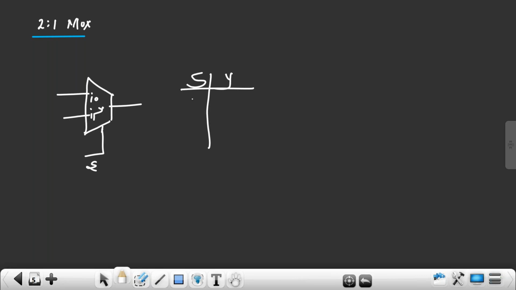If the select line is 0, what is the output? I0. If the select line is 1, what is the output? I1. This is a truth table. So if I tell you to implement this mux using basic gates, can you do this? Write the internal structure of this mux by using AND gates or OR gates.